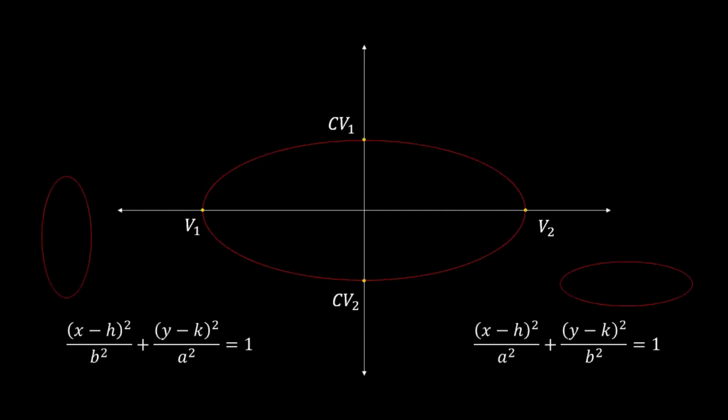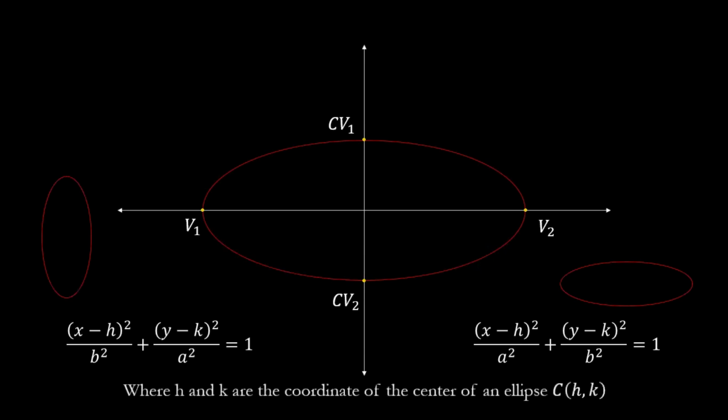While the right part is the horizontal ellipse. So, tandaan nyo po yung mga ganyang formula and its respective orientation. Okay? So, let us summarize. But before we summarize, yung kailangan kong i-take note here is yung H and K. Remember that H and K are the coordinates of the center of an ellipse.